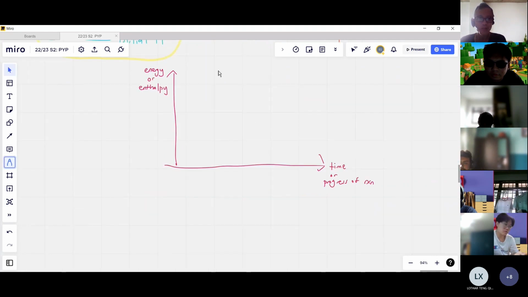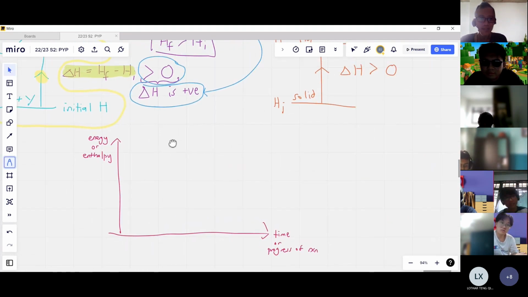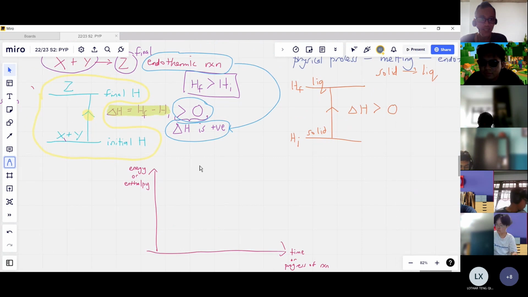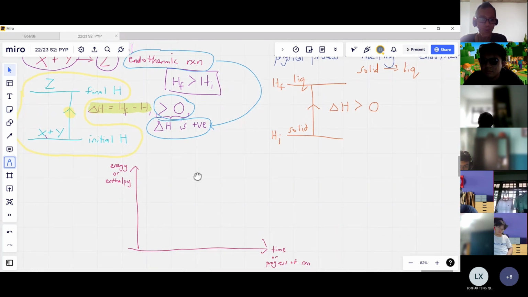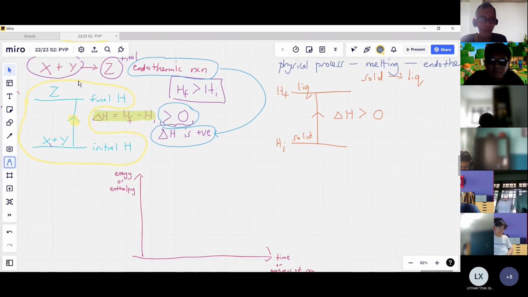Okay, what else? Now, my reaction is this. X plus Y give me Z. And what else do I know? Z is at a higher energy level. X plus Y is at a lower energy level as we have drawn in the simple version earlier.